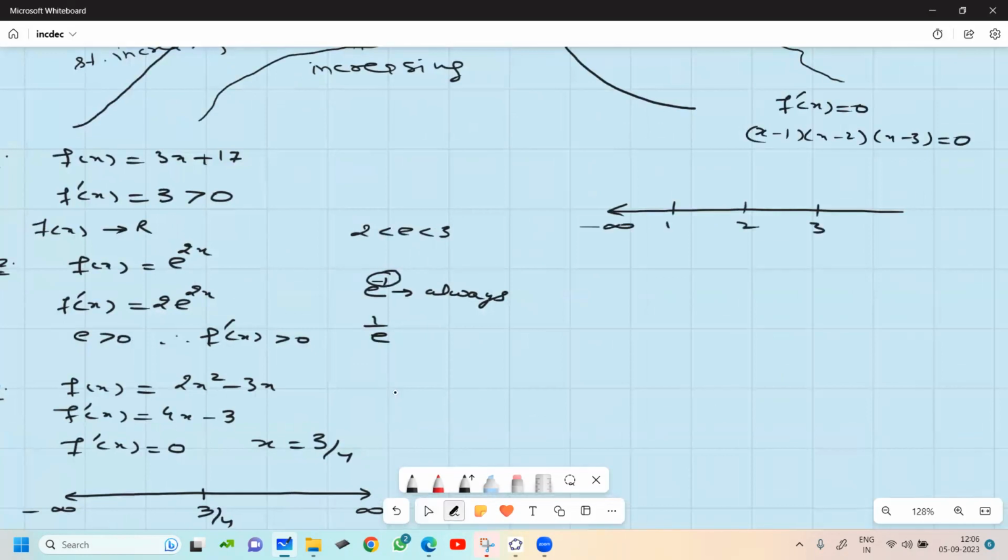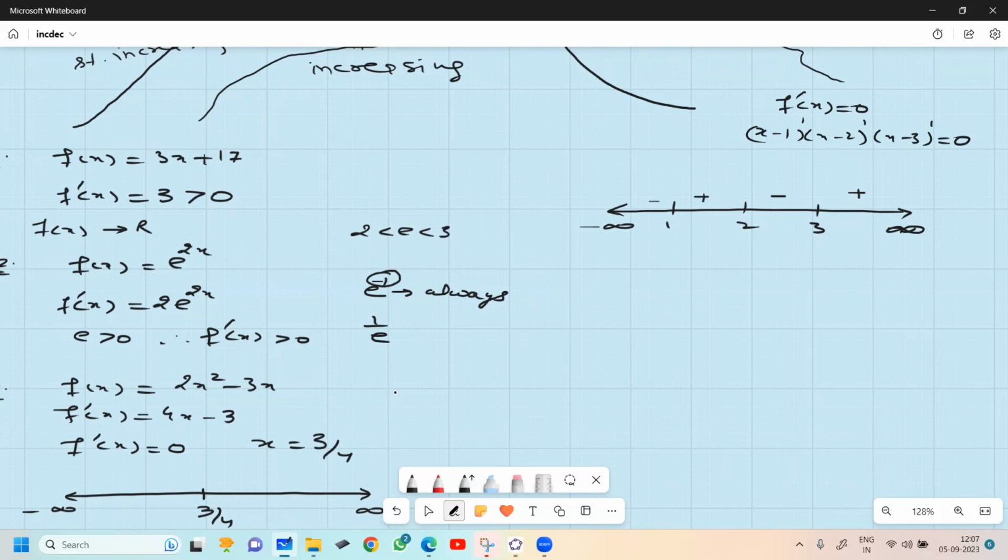This side negative infinity, this side positive infinity. So what will you do? You will start positive from the right side, from the positive infinity, you will take plus sign, then alternate sign. When the power of these factors is odd, x minus 1 power is odd, x minus 2 power is odd, x minus 3 power is odd, you will take alternate signs.